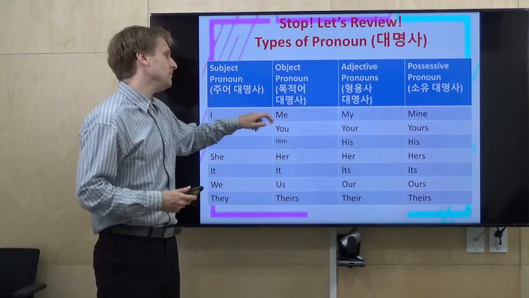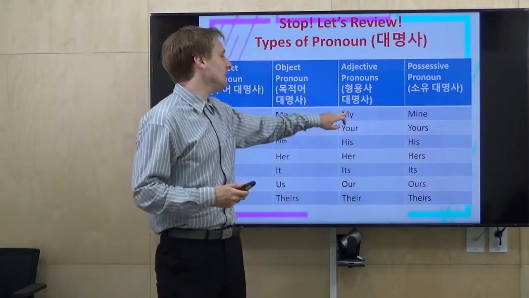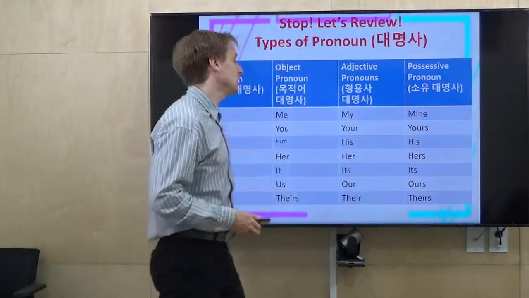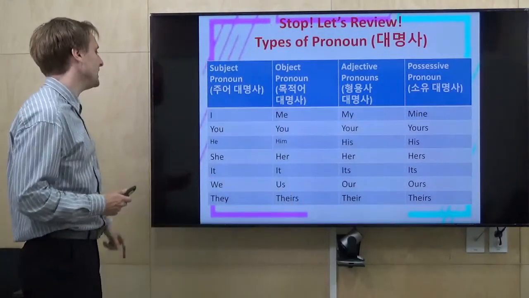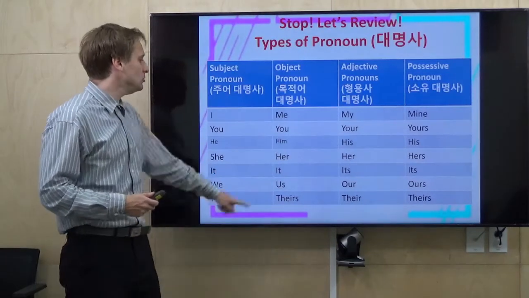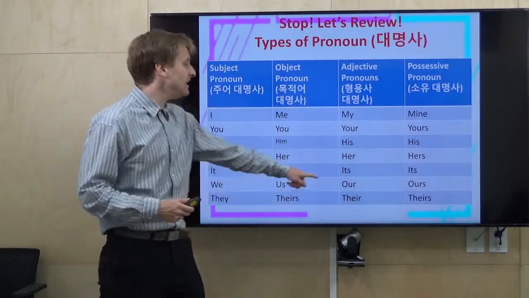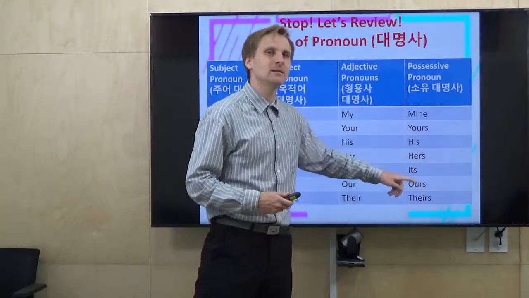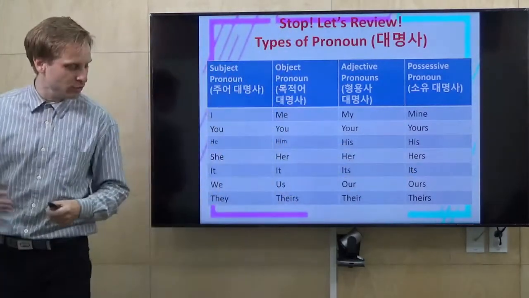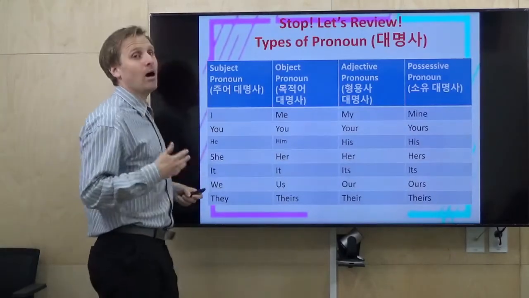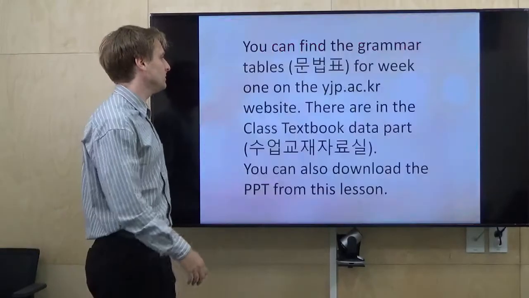Do you like me? This is my dog. The dog is mine. And one more example, let's try it with it. It is a dog. Do you like it? This is its bone. The bone is its. So that is how you use the 4 types of pronoun that are important for this course.